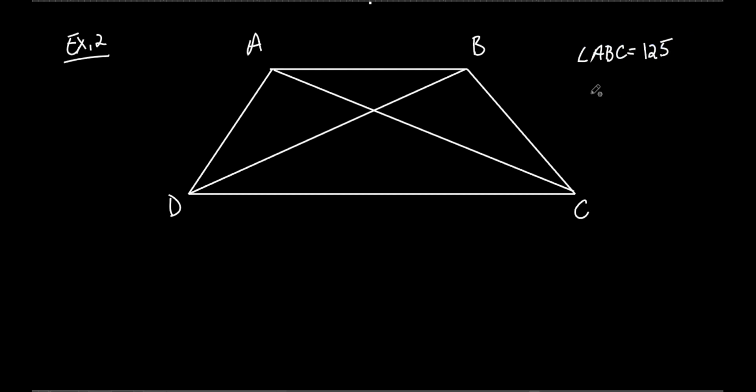Does anybody have the book open to example 2 on section 6.5? I'm pretty sure I wrote this down. It says AC is equal to 7x, I believe. And BD is 4x plus 12. I think that's everything they tell you.